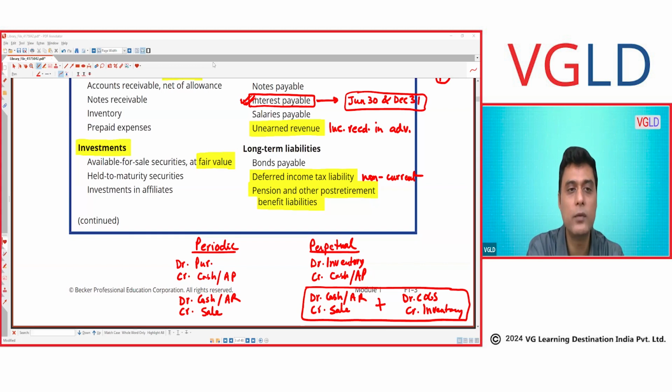Or Unilever will probably present it in a way that Procter and Gamble or Nestle presents, right? So if one of them is presenting multi-step, most likely the others would also present multi-step. I'm just saying it is not necessary, but of course, it is the decision of the management, but that decision will not be on the whims and fancies of management. There will be proper reasoning and logic behind it. As far as GAAP is concerned, GAAP allows both.